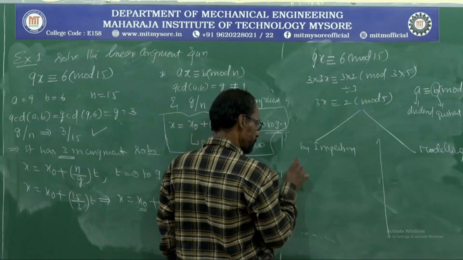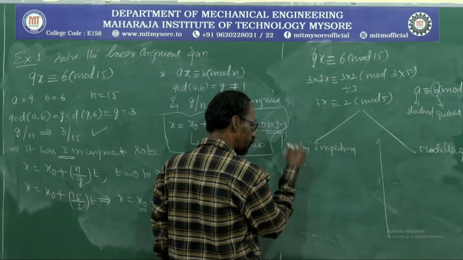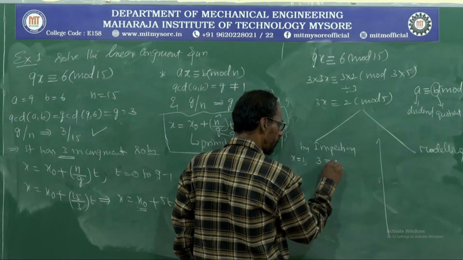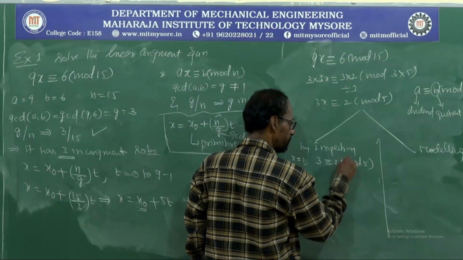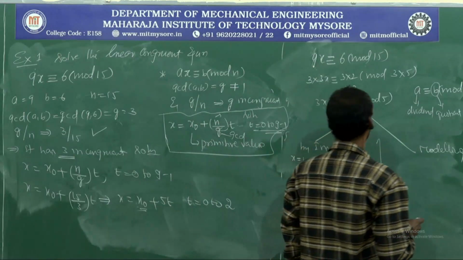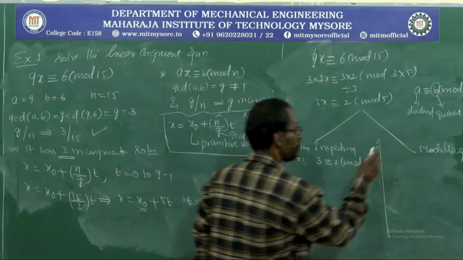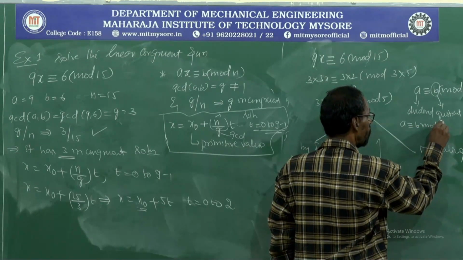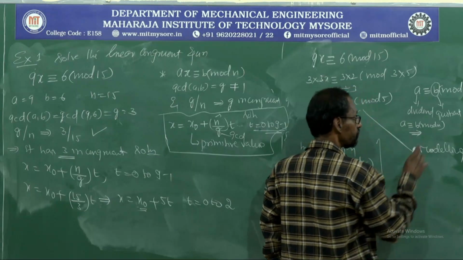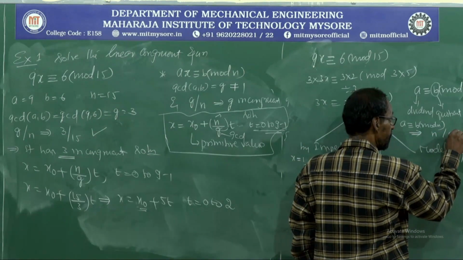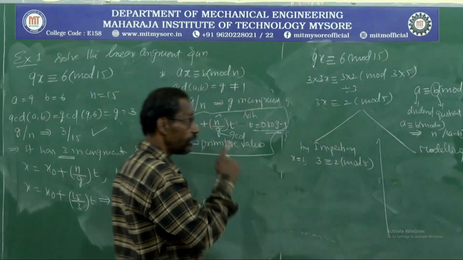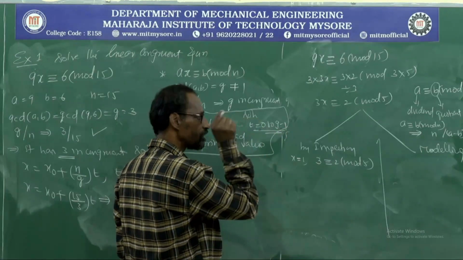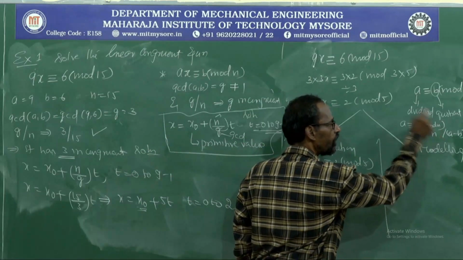Now what I am going to do here, I will assign x is equal to 1. I will check whether 3 is congruent to 2 modulo 5. A congruent to B modulo n implies n divides A minus B. Left minus right, that value is divisible by the modular operator n.